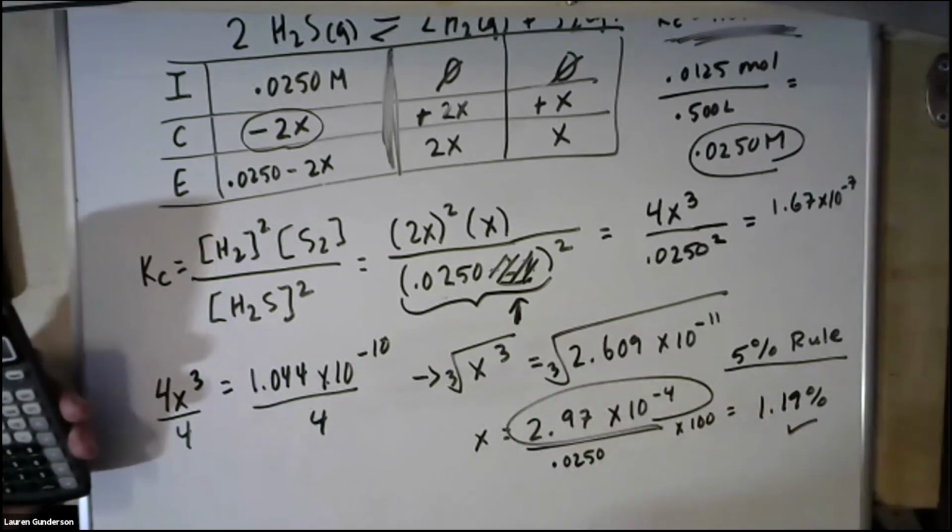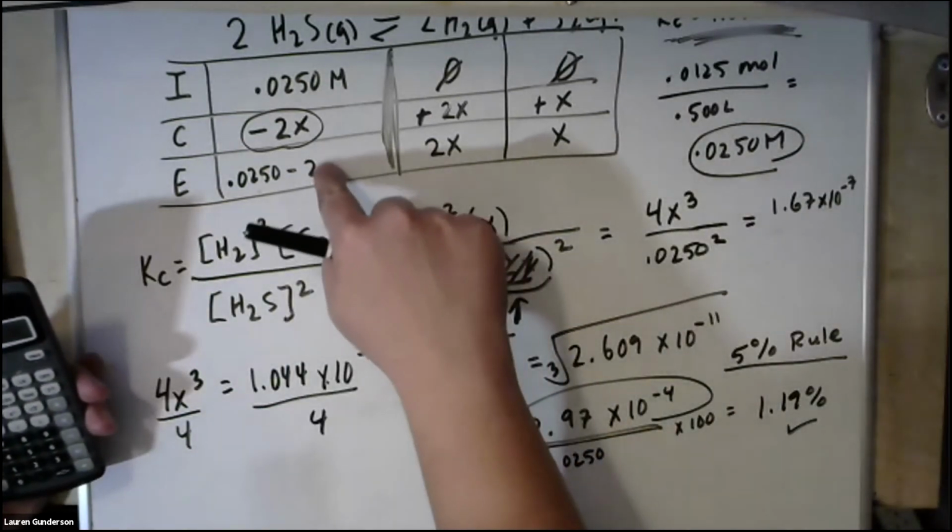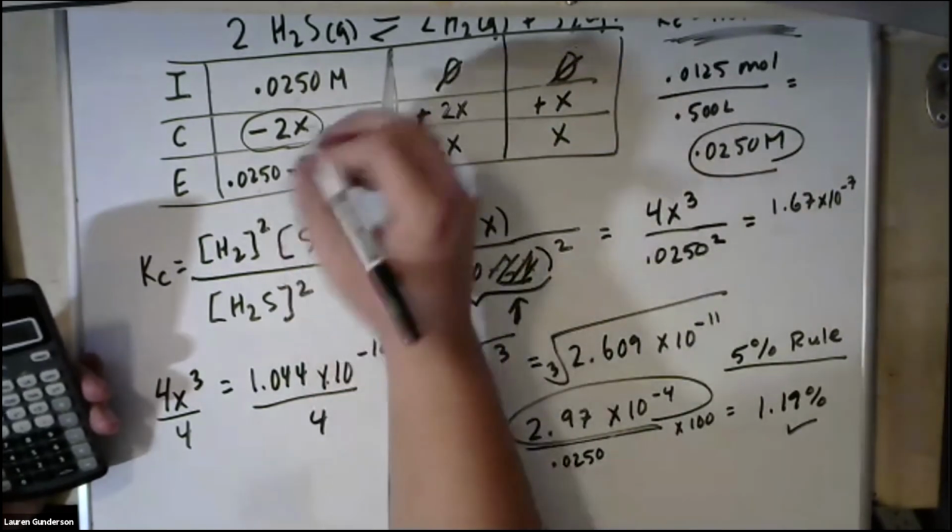That's below 5. That means that we are allowed to use this method, and we can use this value as our x value. So now we just go and we plug it back in, right? So everywhere where there's an x, we're going to plug in this value.